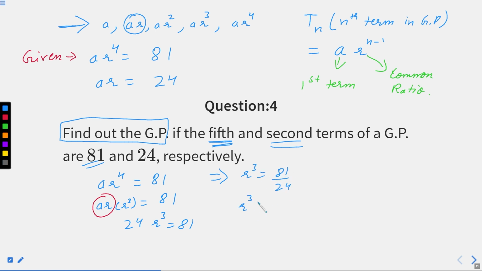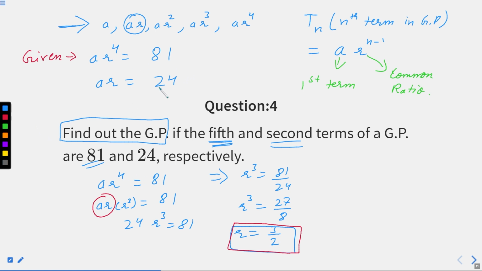Taking 3 common from the denominator as well as the numerator, we are left with 27 by 8, and we know the cube of 3 is 27 and the cube of 2 is 8. So R is 3 by 2.